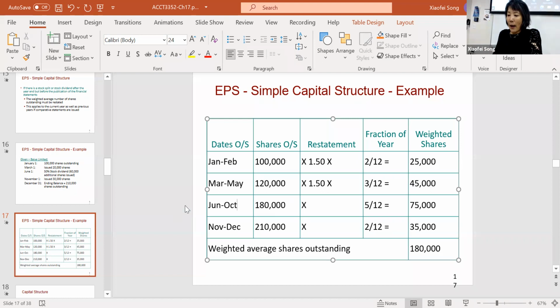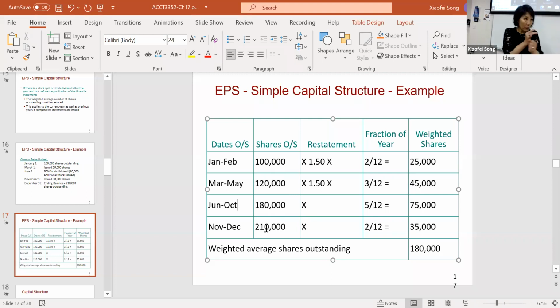So on May 1st here, you almost get into a new era. Now we're counting with the new smaller shares. Before that, each share is like 1.5 new shares.